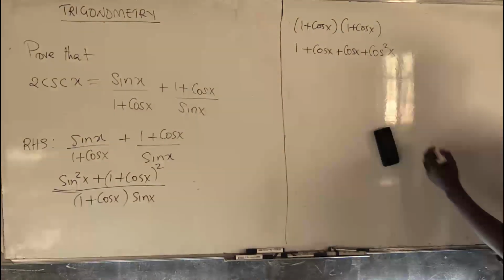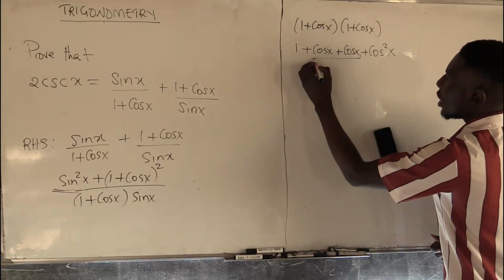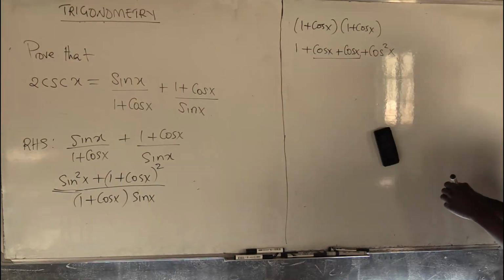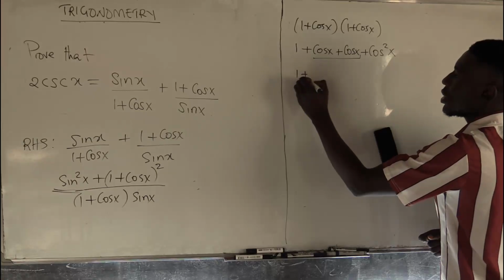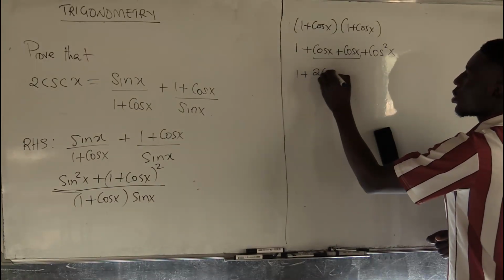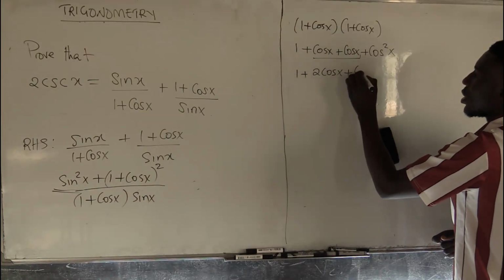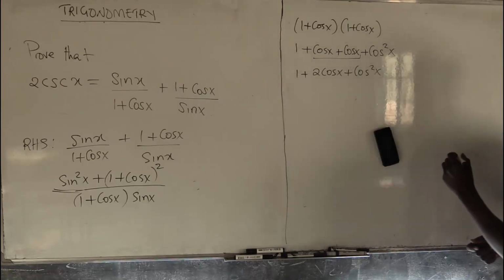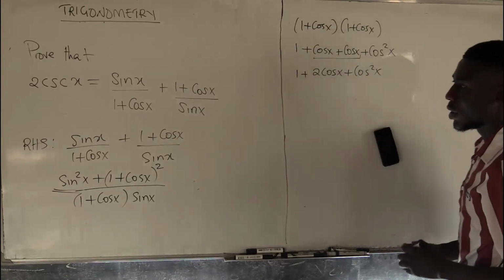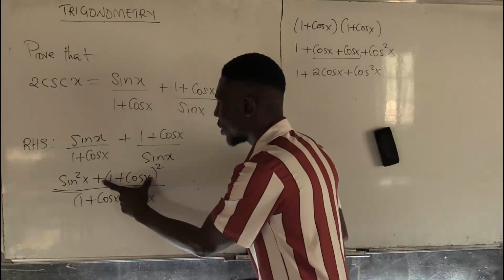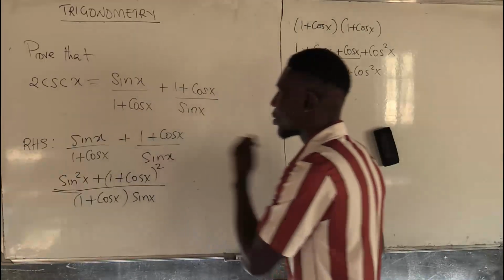Now, these two here are like terms and next to each other, and this will just give us 2 cos x, then plus cos squared x. So this part we have will be a substitute for what we have in parentheses squared.